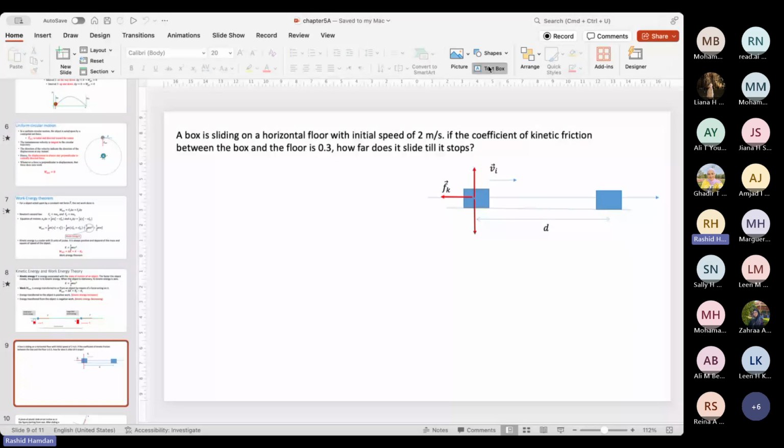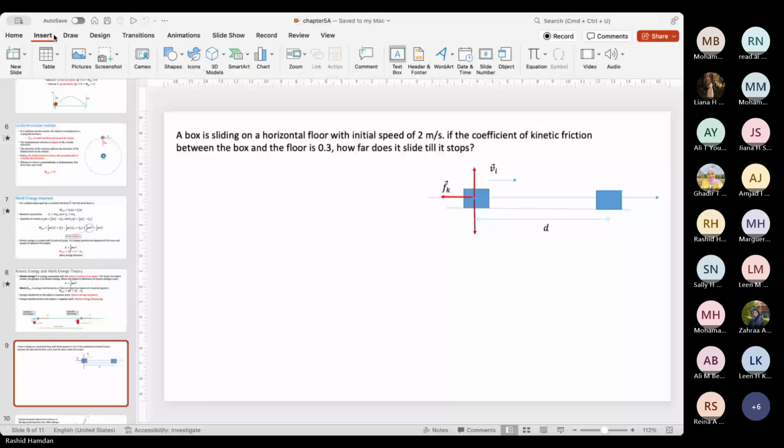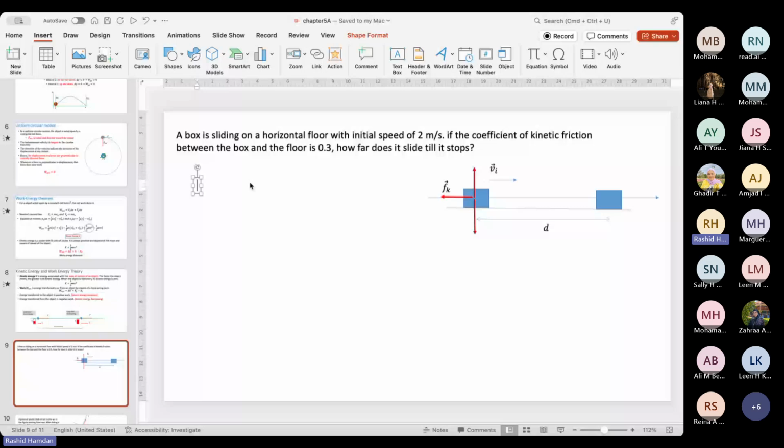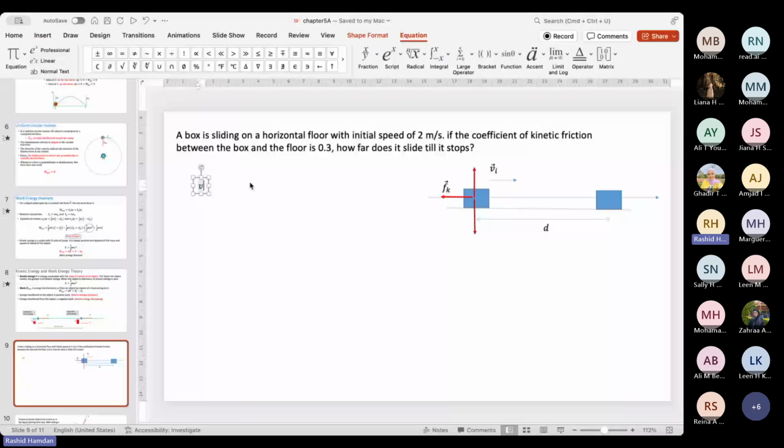Initially, the object is moving with the velocity v. So we have v initial. Let's write it as a vector. So it has an initial kinetic energy.